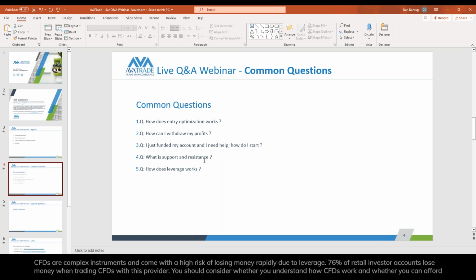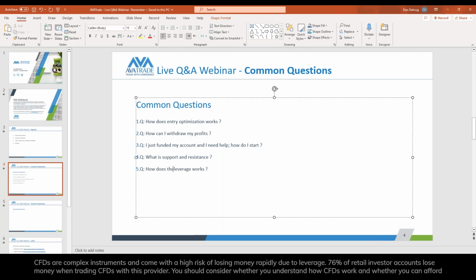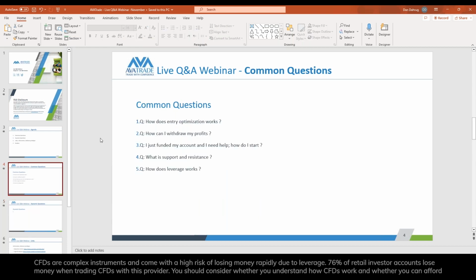Okay, I'm not sure. What is support and resistance? This one is easy. How does leverage work? All right, beautiful. Those are the questions provided by our team, which we are going to answer along the way.